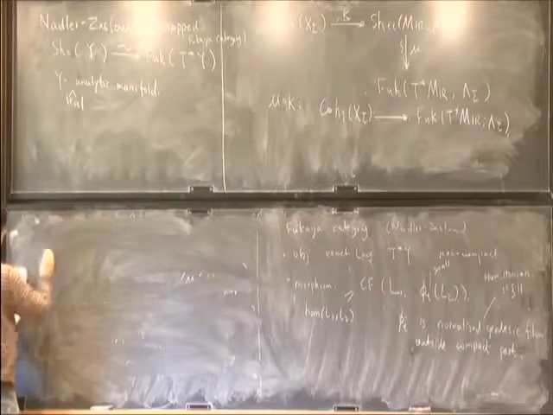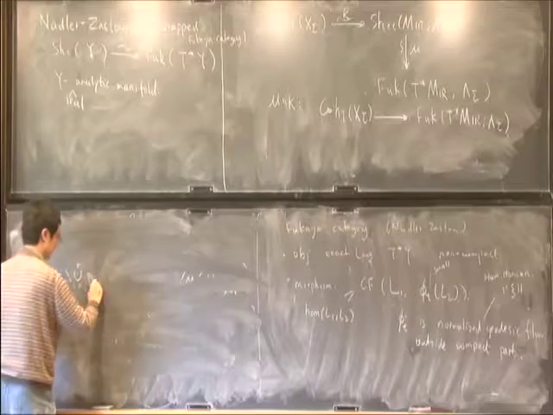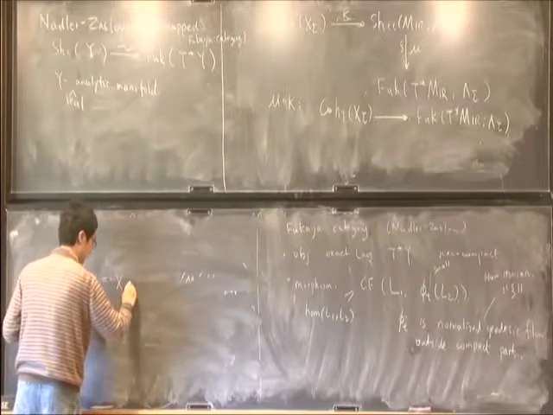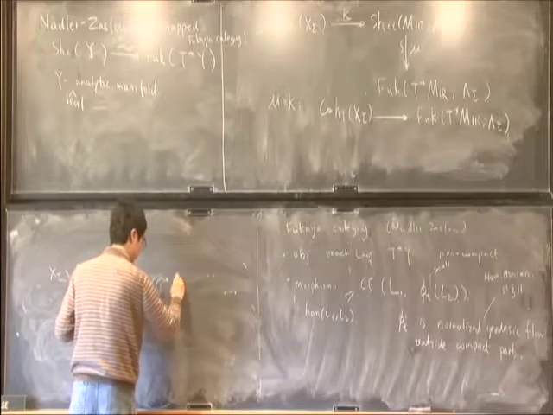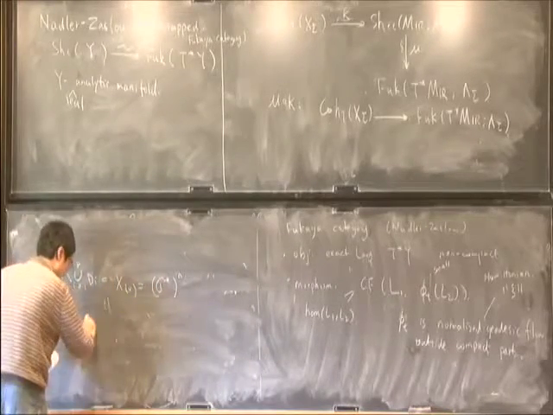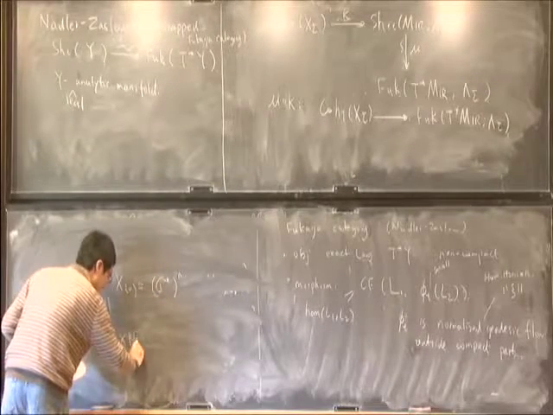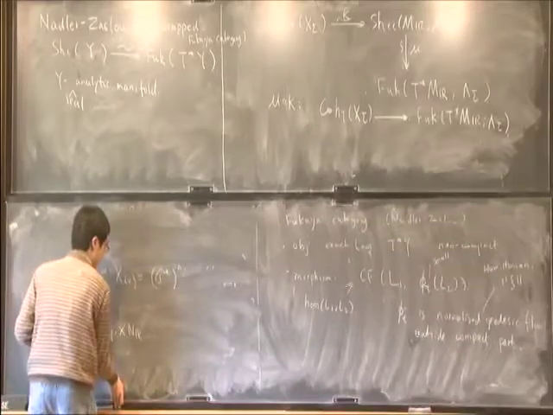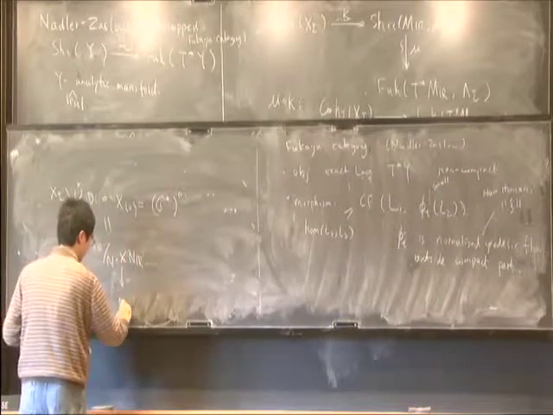So here, this is X_Sigma minus 0. That is (C^*)^n. And this is N_R over N times N_R, which gets mapped to N_R.